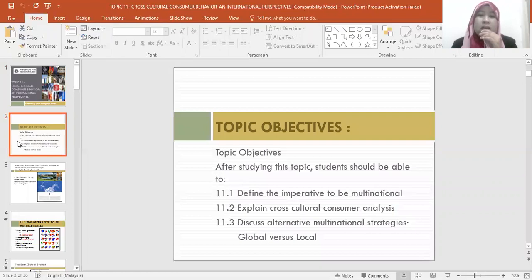Okay, under this topic objective, after studying this topic, the student should be able to, number one, define the imperative to be multinational. When we talk about defining the imperative to be multinational, what is the factor that influences you to get involved in the multinational?